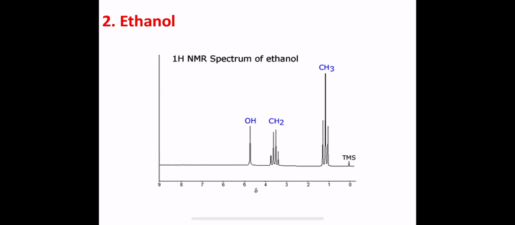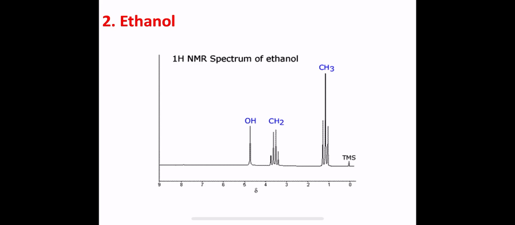Oxygen is highly electronegative, so electronegativity plays the role, just as we discussed in the factors affecting chemical shift. The methylene proton appears at a lower value and the CH3 proton appears at the lowest delta value because it experiences the least deshielding by the oxygen.